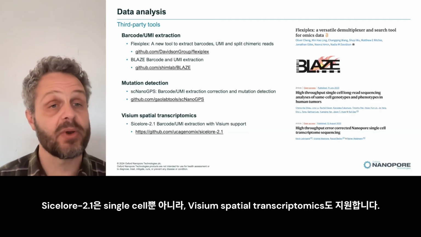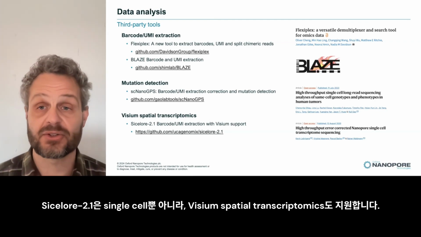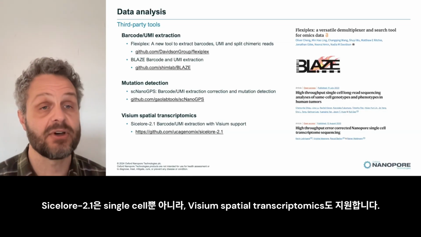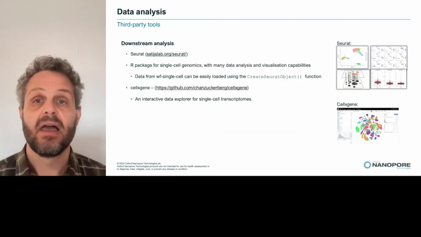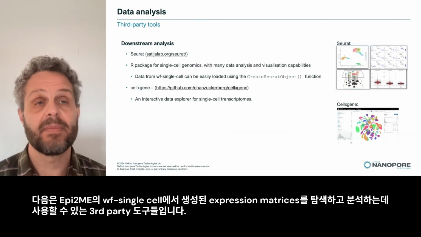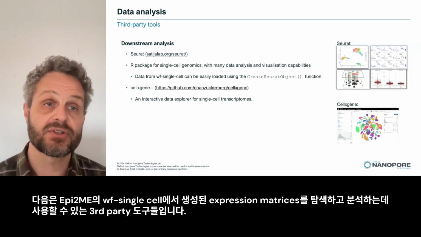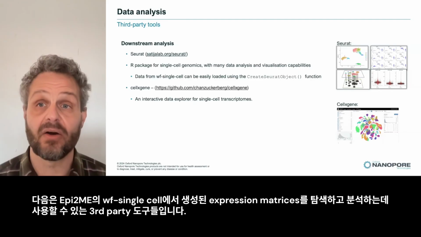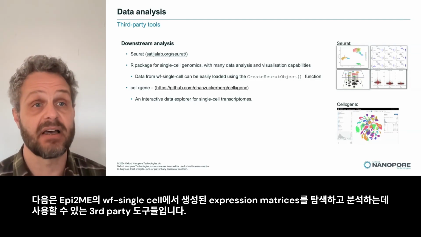SiCeLoRe, as well as single cell support, also has support for Visium spatial transcriptomics. And next are a couple of tools that you can use to explore and further analyze your expression matrices that come out of wf-single-cell.